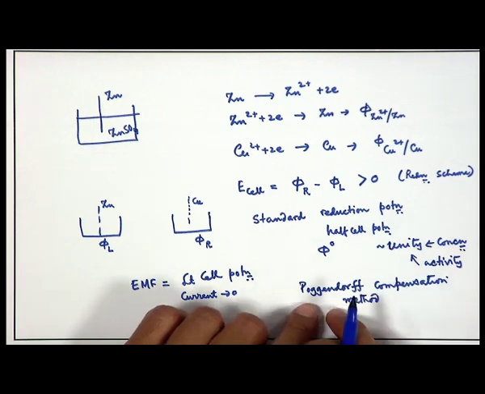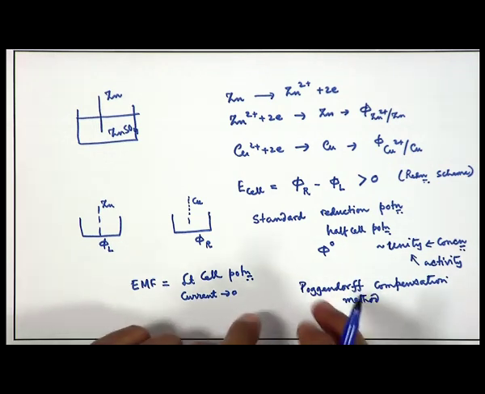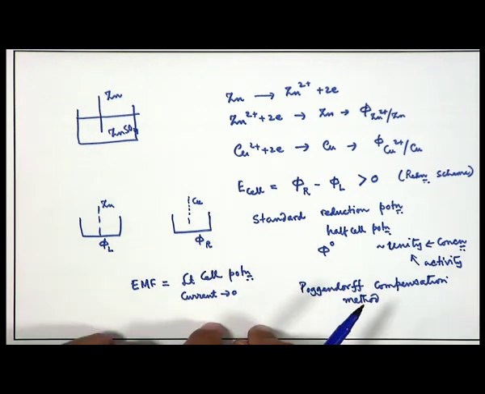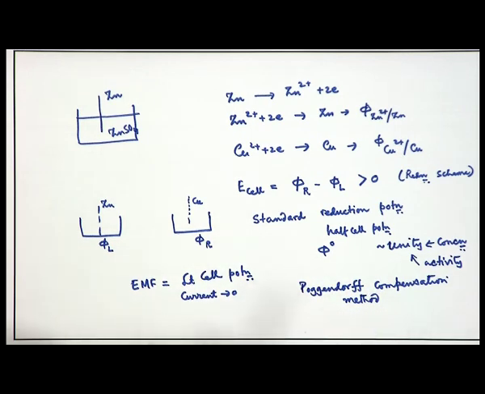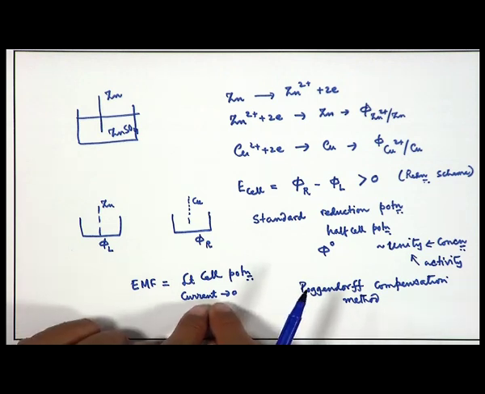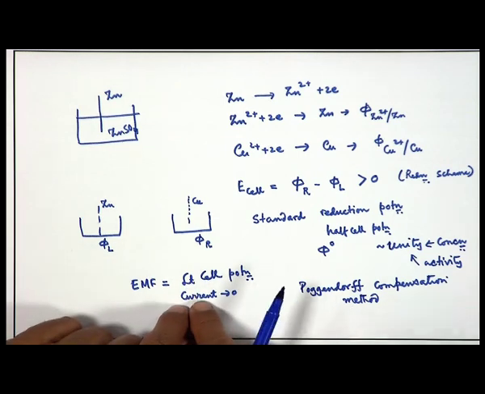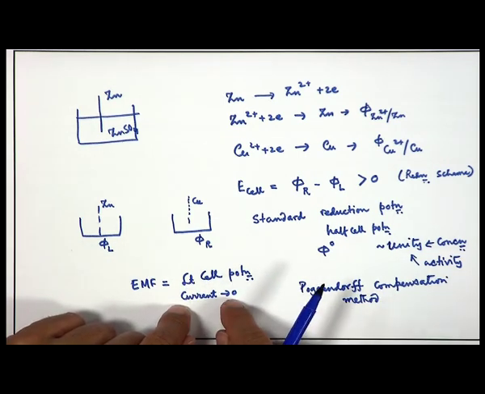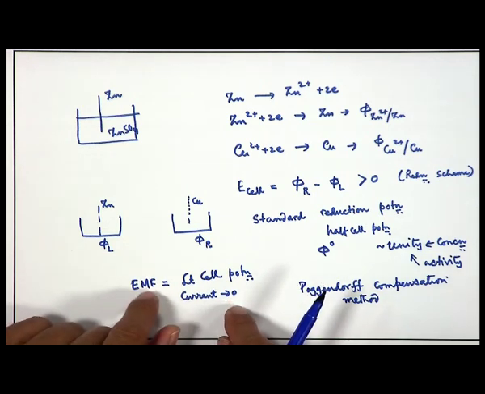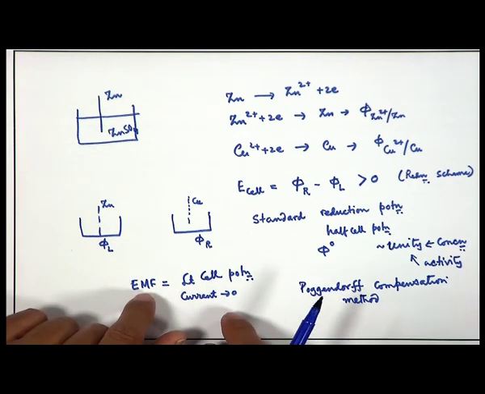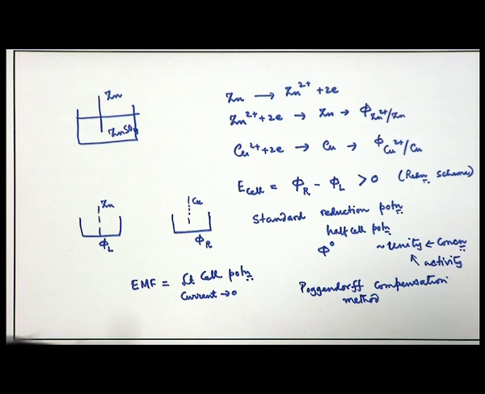With the help of this method, you compare the no deflection point for your unknown cell and for a standard cell, and then you take the ratio. In that particular arrangement, the current goes to 0, and you will be able to find out the EMF, which is called the reversible cell potential. Okay. So, this is the method by which we can find out the cell potential.